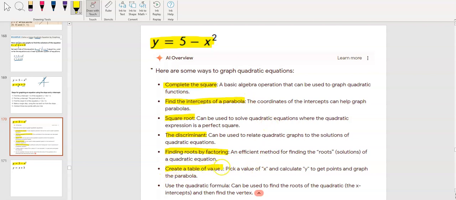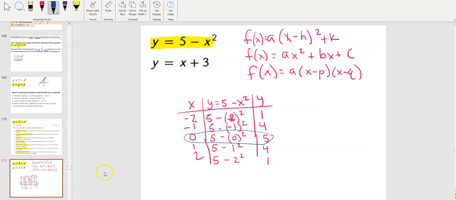Another way would be just to create a table of values like we just did on this previous example up there. Another way would be to use the quadratic formula, which you just learned in the last lesson. So you can use any of these ways to solve, okay? On the next page, we're going to go through one way to solve. It may not be the way that you would pick, but it's going to be the way that I'm going to show you. So you can check it out.